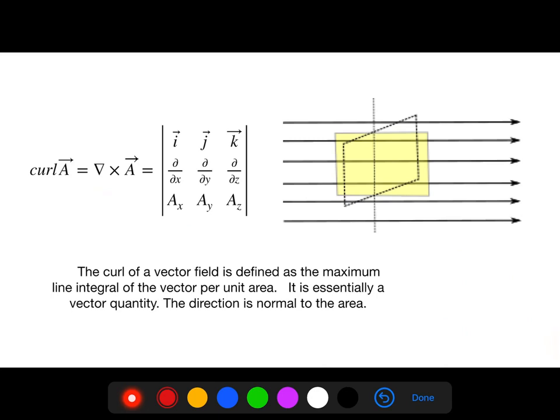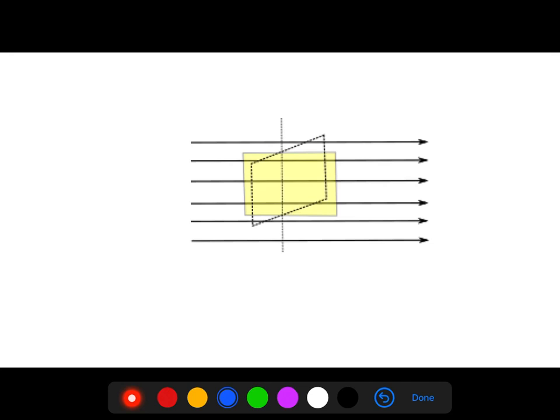Now suppose I consider two areas, ABCD and A dash, B dash, C dash, D dash, in a uniform electric field, which is represented by straight parallel lines as shown in the figure.